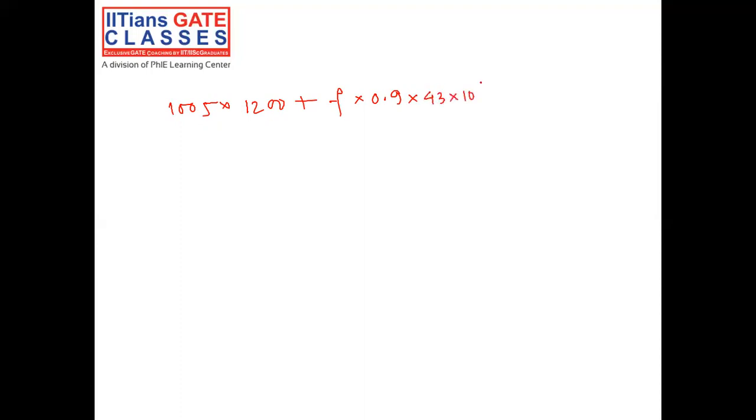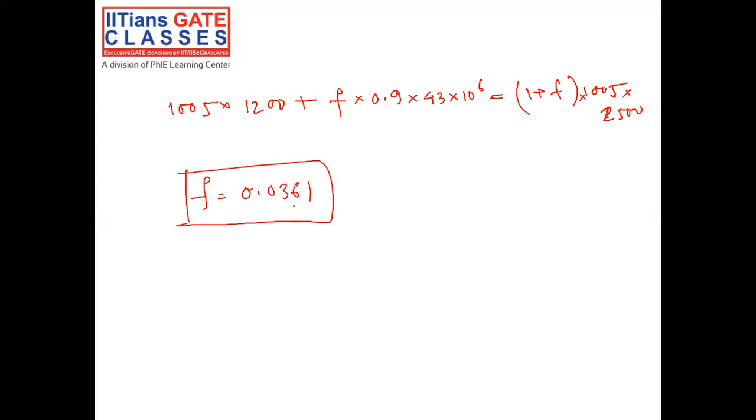So this is 10 to the power 6 joule. So this would be equal to 1 plus F into Cp, which is 1005, multiplied by TO2, which is 2500. So if we just solve this equation, we'll get F as 0.0361.